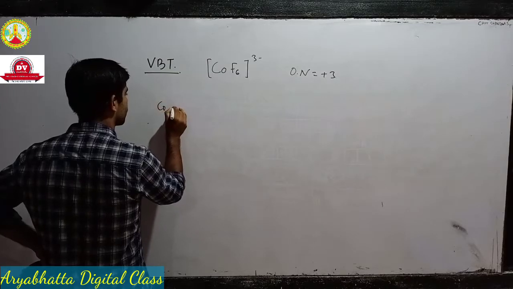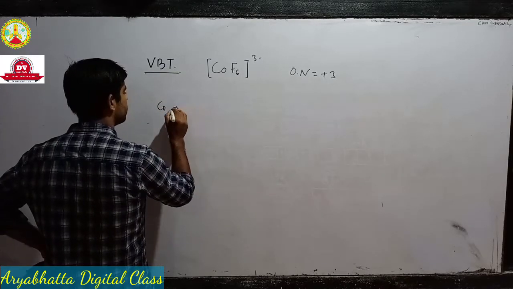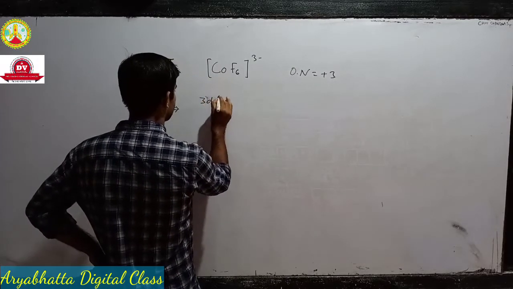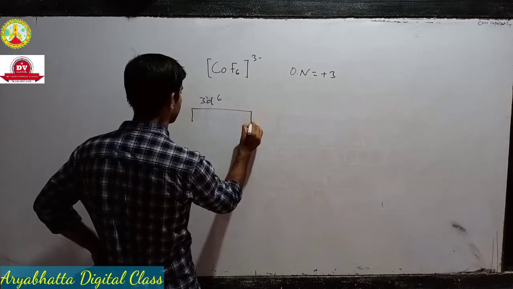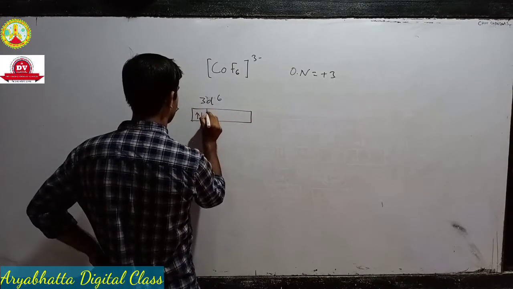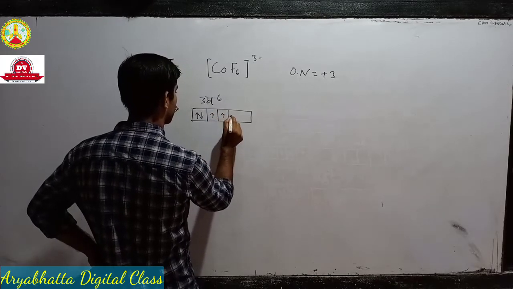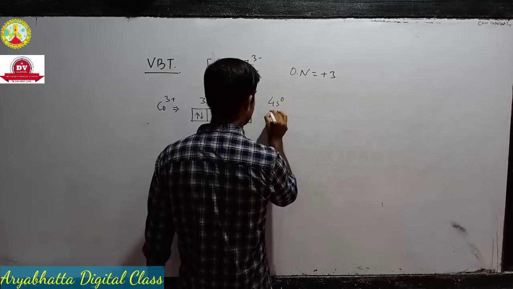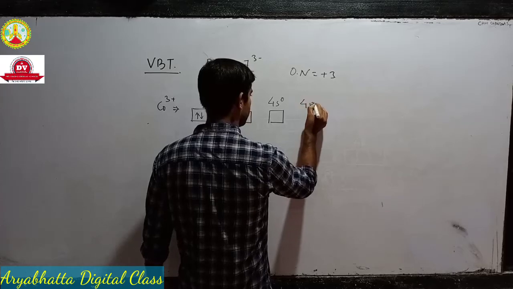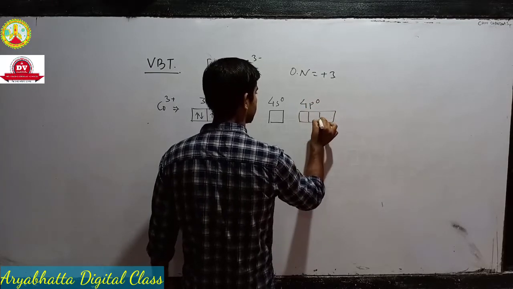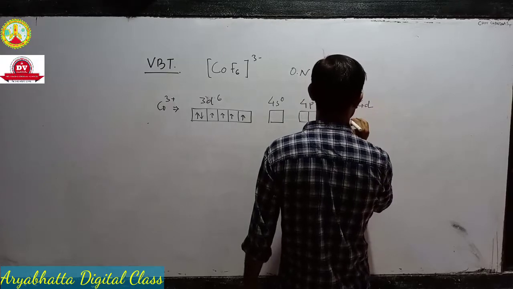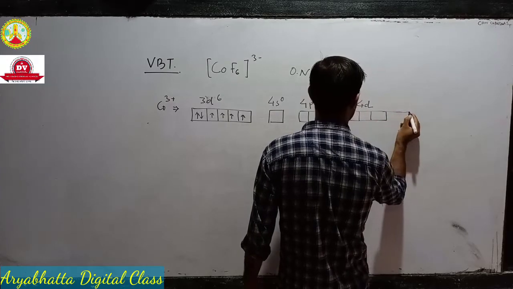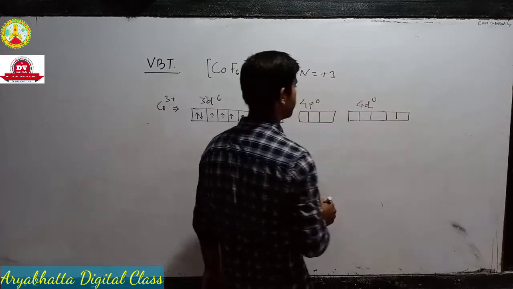So it has an electronic configuration of 4s 0, 3d6, 4p 0, and 4d 0.